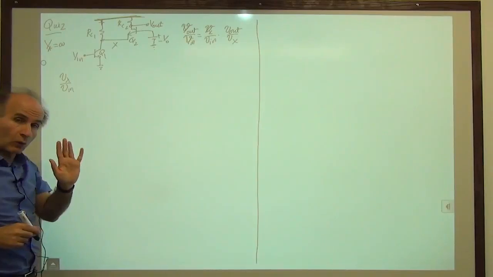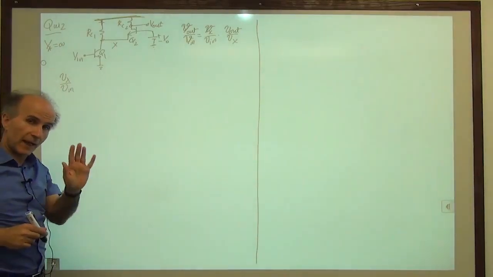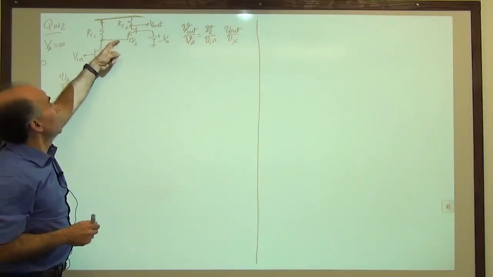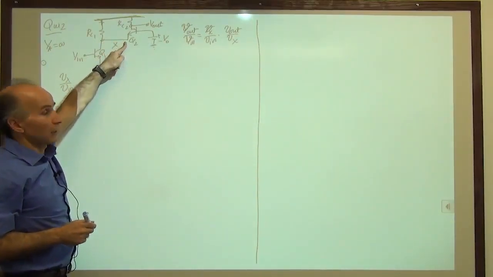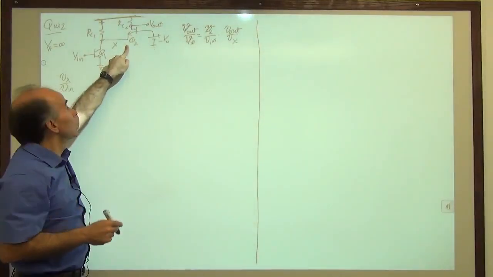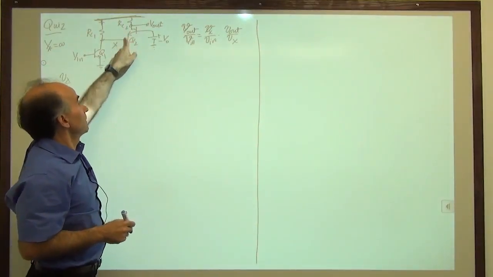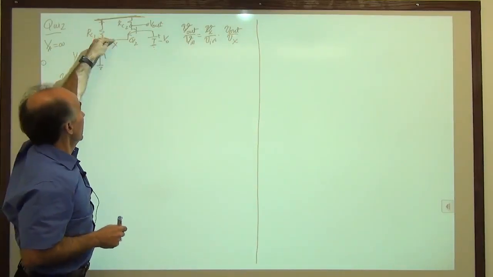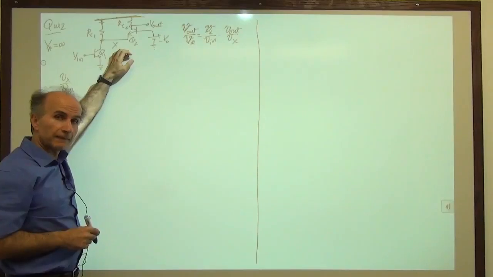Okay, but is that the only resistance that we see at the collector of Q1? Well, if we go this way, this is not an open circuit. It goes into the emitter of a common base stage. So if I sit here and look to the right, what do I see?